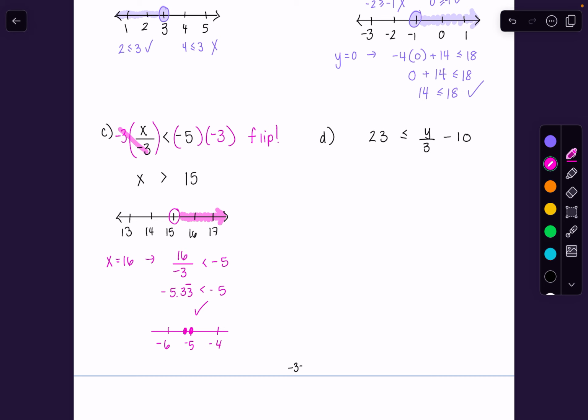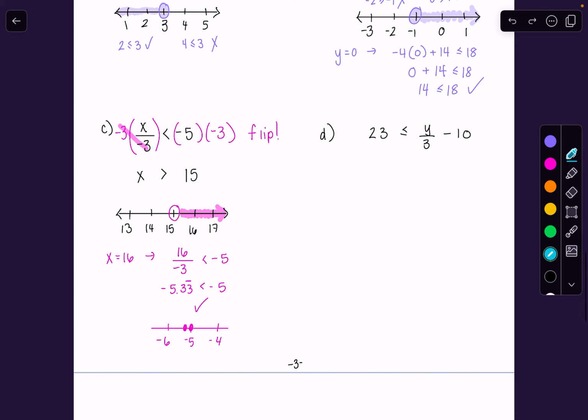Okay. So let's try one more, and then again, get lots and lots of practice with this. In this case, we've got 23 is less than or equal to y divided by 3 minus 10. I've got to isolate my variable. So again, before I worry about taking care of this division, let's get rid of the stuff that's attached to it. So let's go ahead and add 10 because -10 and positive 10 cancel out. 23 plus 10 is going to give us 33.